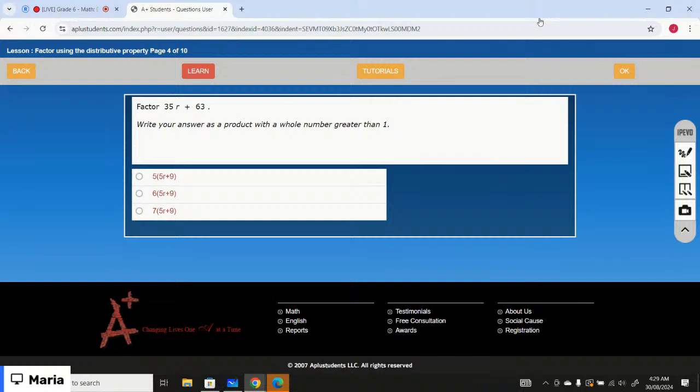The correct option, right? 7 is the common number, so that is 7 times 5r plus 9 is the correct option.